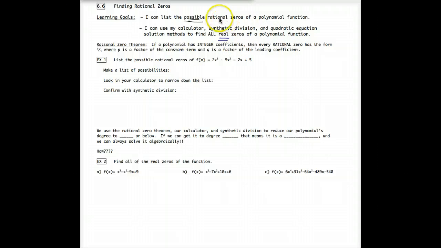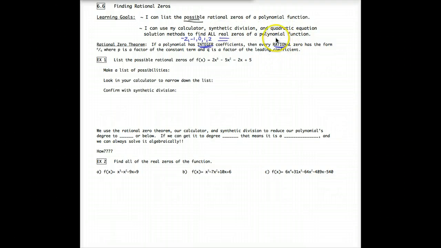Really important that you know what the different classifications of numbers are. Remember that integers are your whole numbers. It includes negatives, it includes zero, but it doesn't include anything that is fractional. So these are examples of integers: -1, -2, 0, 1, 2, and so on and so forth.